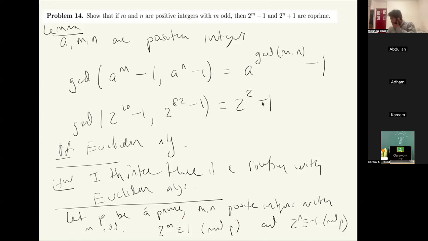We should have that the order of two mod p is odd, right? So exactly.